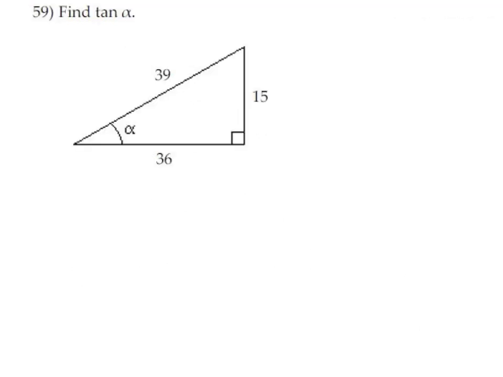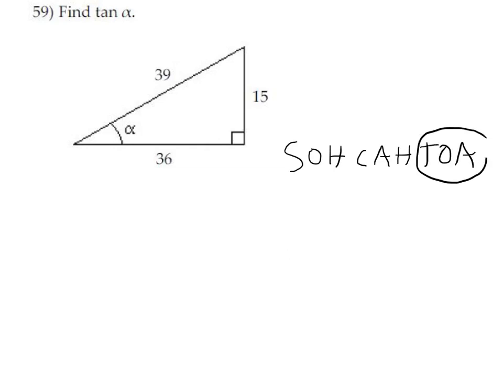Find tangent alpha. Well, from SOHCAHTOA, we see that tangent is opposite over adjacent. From alpha's perspective, opposite is 15, adjacent is 36.